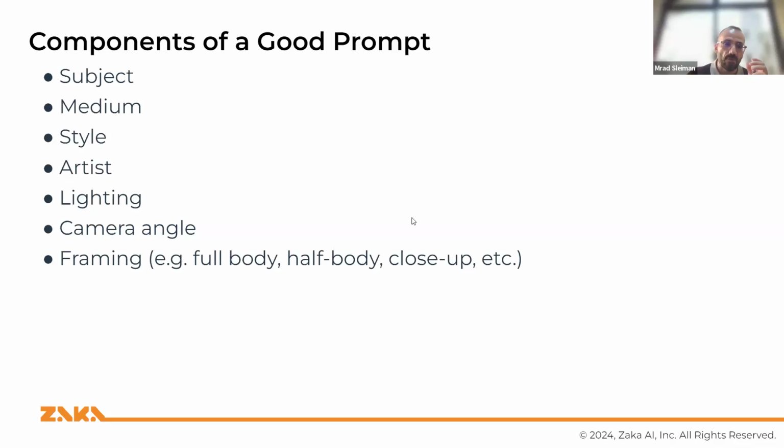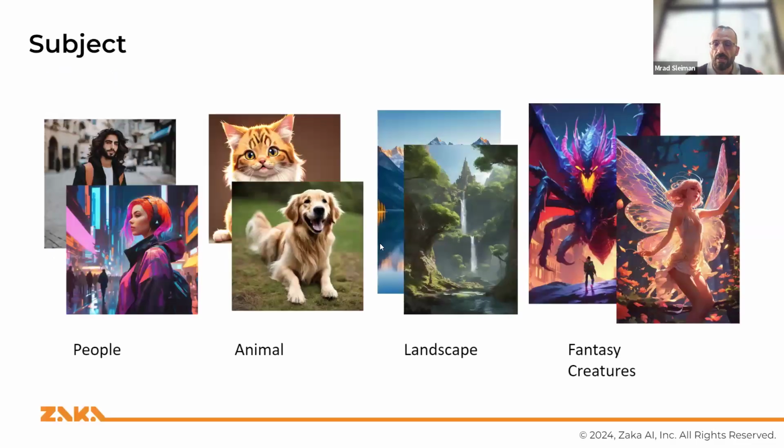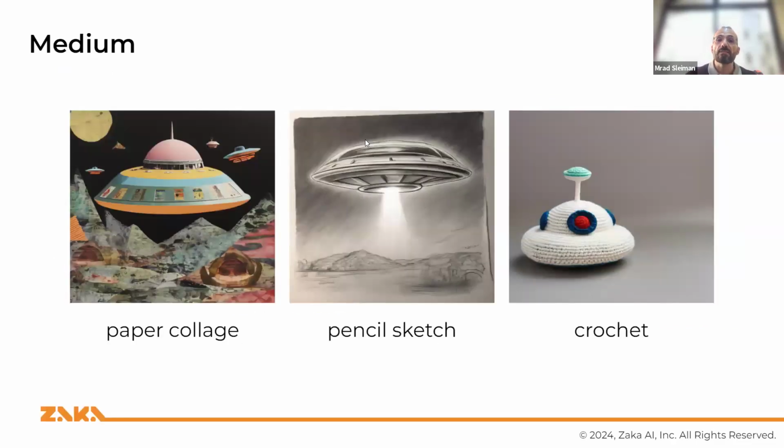I'm going to give you examples of these. The subject: what do you want? You want to generate people, animals, landscapes, fantasy creatures. You need to specify the medium. For example, I want an image generated using a pencil, maybe using a paper collage. That depends on what you want.